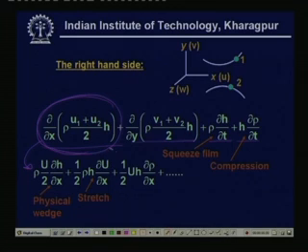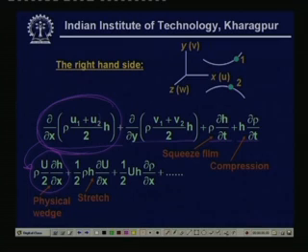Here we are replacing u1 plus u2 by a capital U. Now, you see this particular term is called a physical wedge. That is, h is the film thickness and how it changes with respect to x has a name, the physical wedge. This is one of the pressure generation mechanisms.